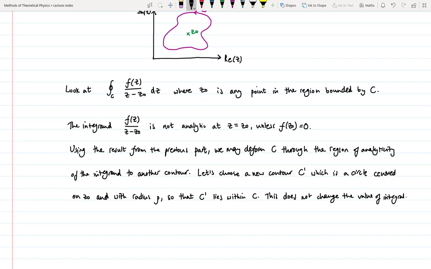Let's draw a picture of our new contour. As before, we have our point z0, and we now have a new circular contour around this point, oriented in the same anti-clockwise sense and of radius rho.